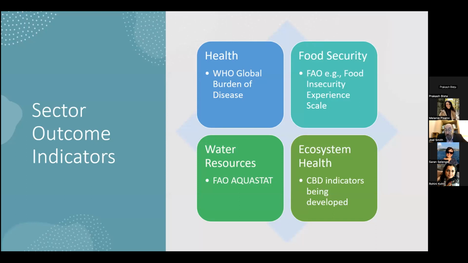FAO also has measures on water resources, which they call Aquastat. And then finally, on ecosystem health, the Convention on Biological Diversity is developing indicators of ecosystem health. So those are not quite as well along as the others, but we hope they will come along over the coming years.